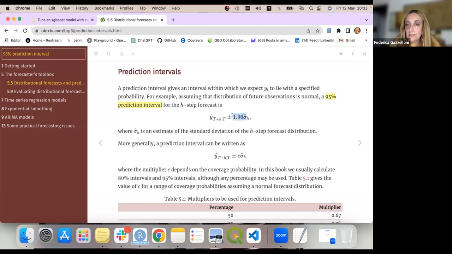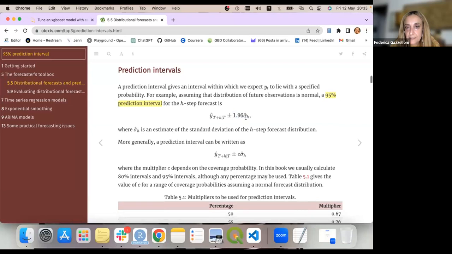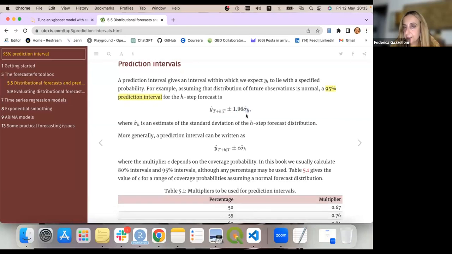We consider 1.96, which is the corresponding value of Z in the normal distribution when we set a 95% prediction interval. This is the sigma. h is the period, so we consider for now one year in advance, a single period in advance.